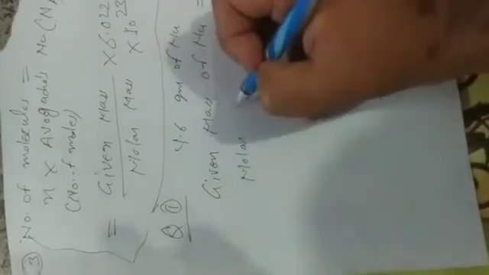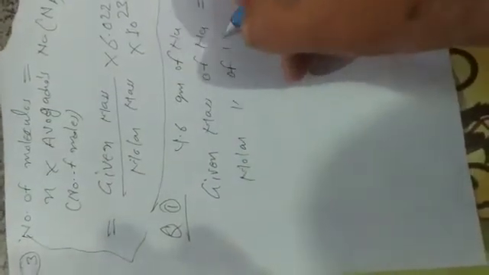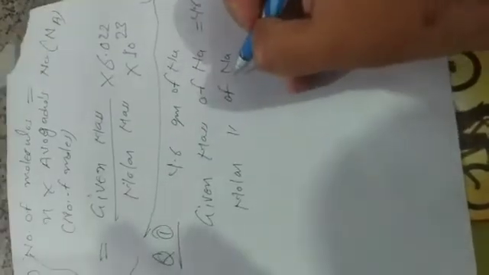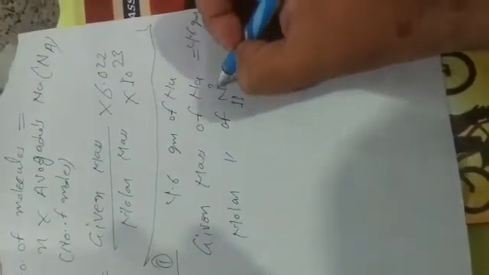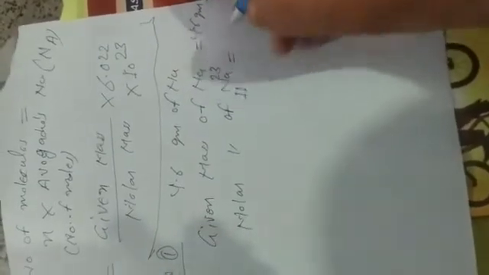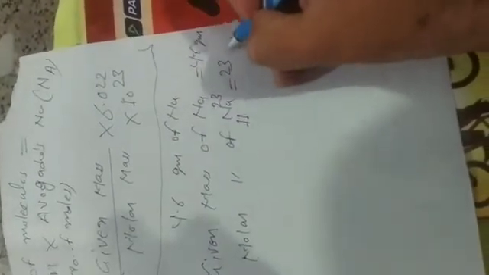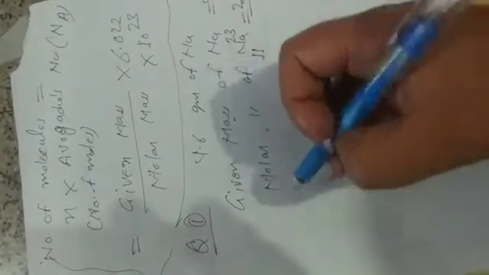Molar mass of sodium: its atomic number is 11 and mass number is 23, so it is represented by 23 gram. So in this case, given mass and molar mass are known.